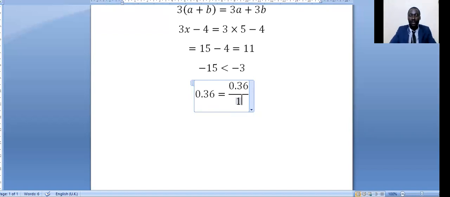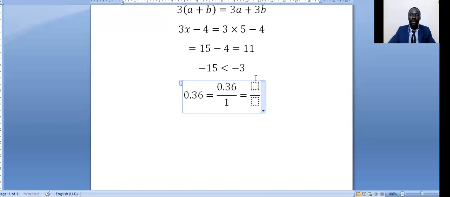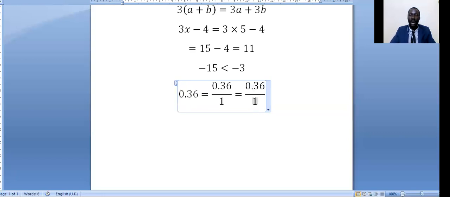Notice for now, there is no difference between this one on the left and this one on the right. It's basically the same. The first thing you want to do is to write the decimal given out of 1. Then the next thing is this decimal which you have now got, 0.36, for the numerator, and 1.